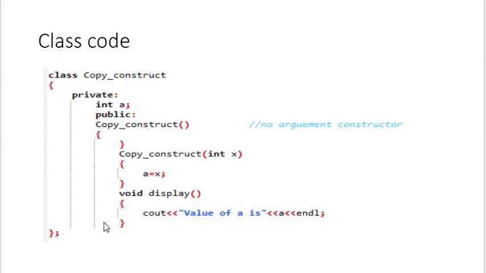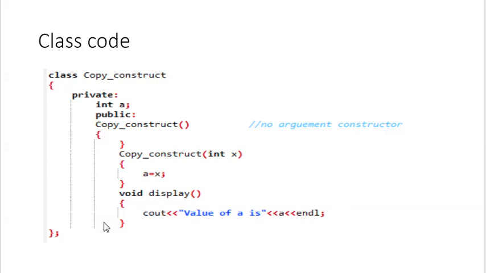Then I declare a variable a privately. If you write private or not, it will automatically be private. Public, then a constructor. There are no arguments in it, so copy_construct is only the name of the class.